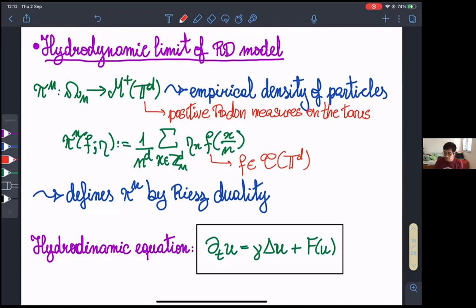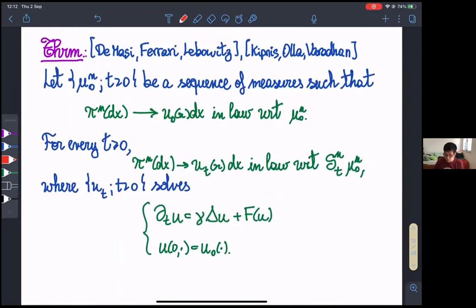And it turns out that this describes, there's a theorem, okay? What this theorem says is that if at the beginning you put the initial configuration of your reaction diffusion model in such a way that you approximate some measure, okay?